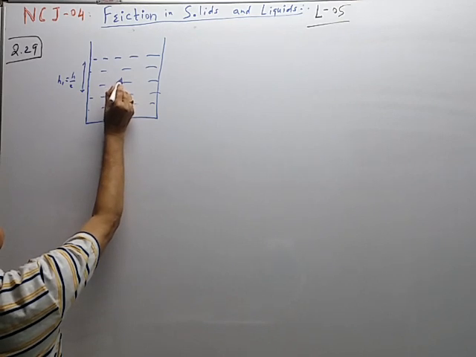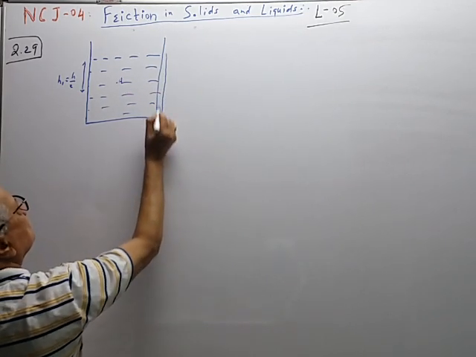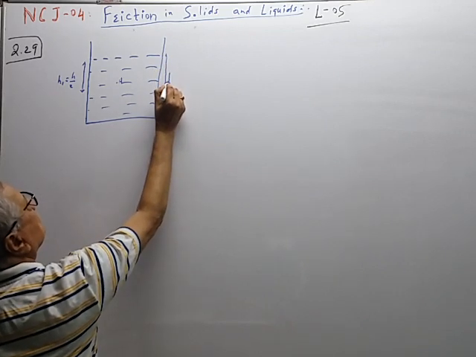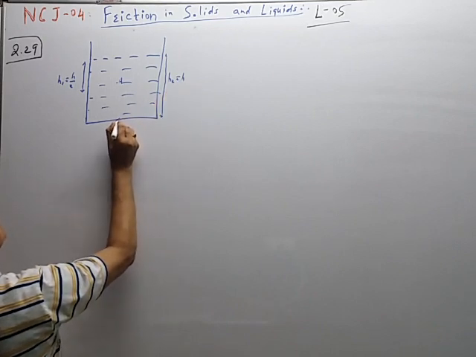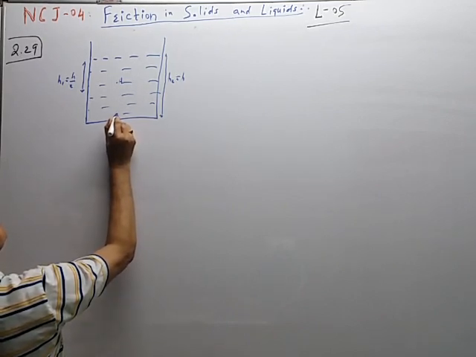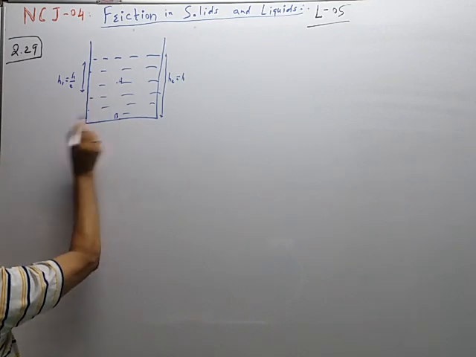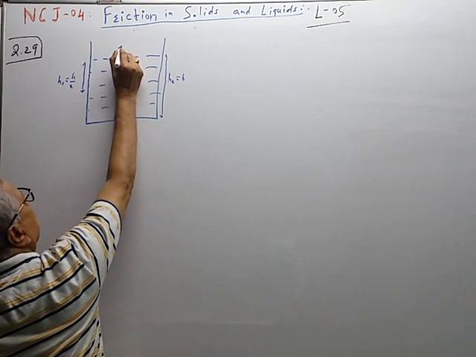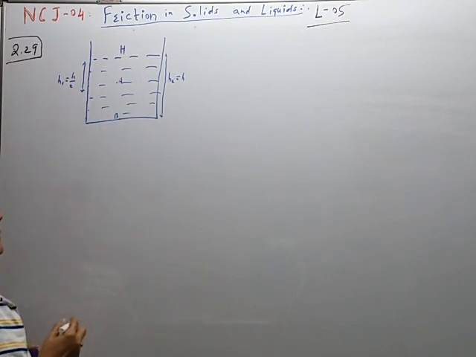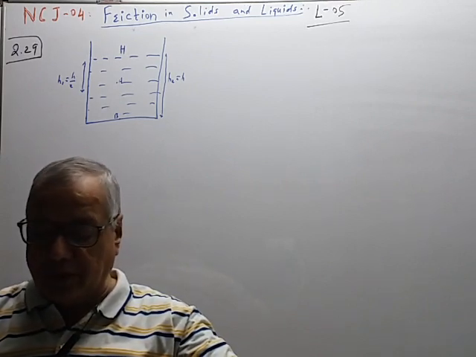So this is point A. This height is H2, is equal to H. This is point B. So at point A the pressure is P1, at point B the pressure is P2, and capital H is the atmospheric pressure. So we have to find small h.